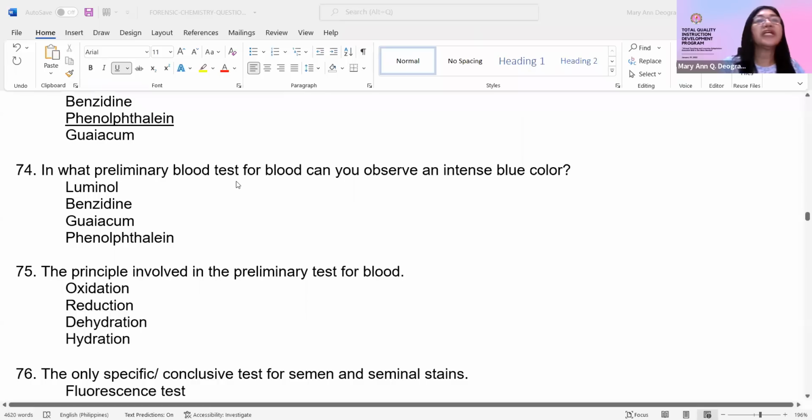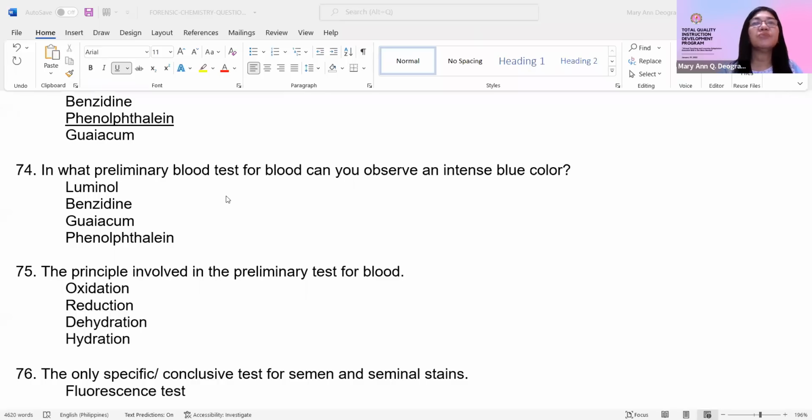Number 74. In what preliminary test for blood can you observe an intense blue color? A. Luminol. B. Benzidine. C. Guaiacum. D. Phenolphthalein. Intense blue. Ano sagot?